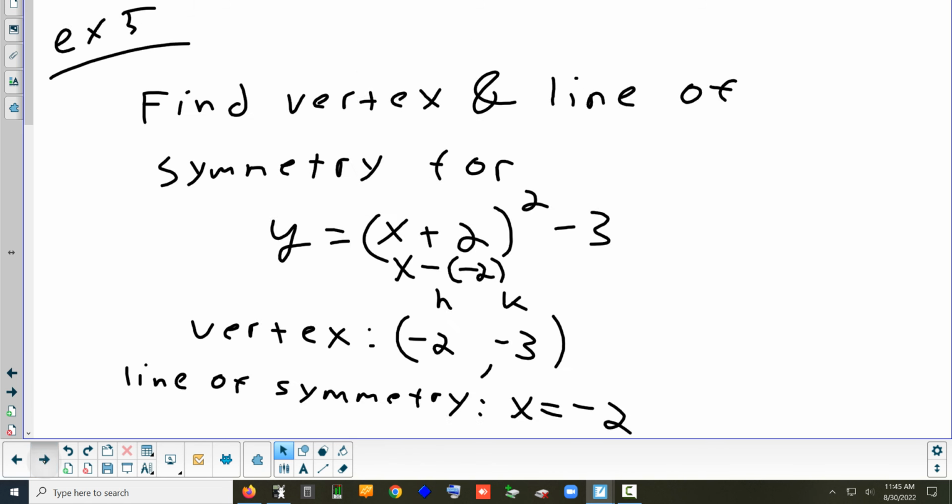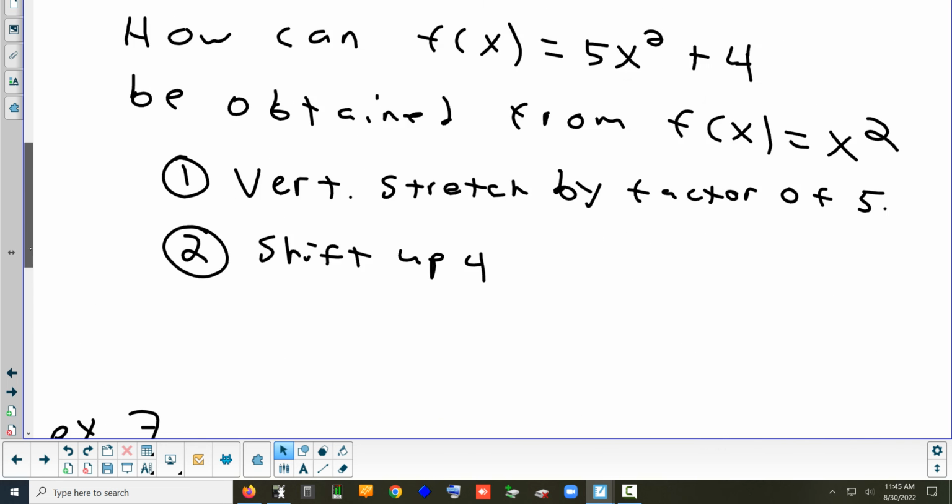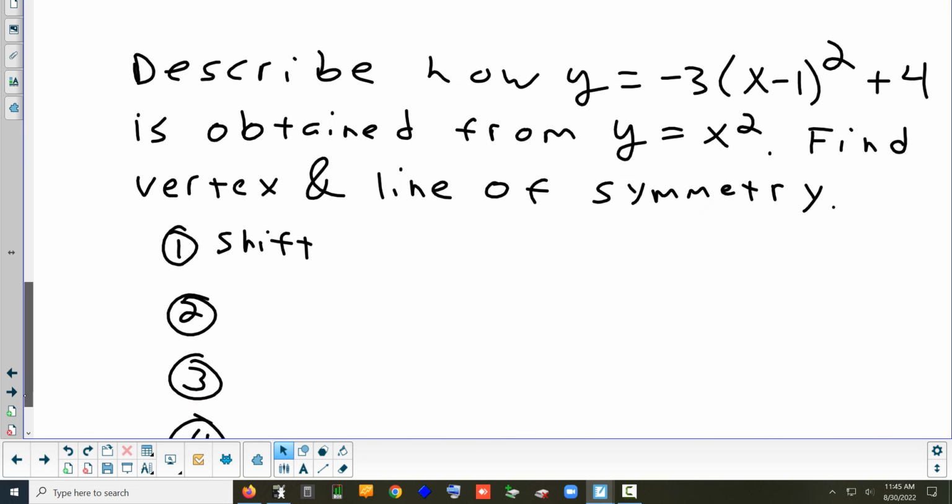The parent function doesn't have an h, but when you write the full formula, it goes open parentheses x minus h. This is like your h value, x minus h. So your h value in this case is a positive 1. Oh, well, thank you. So shift right 1. Okay, next thing you would do?